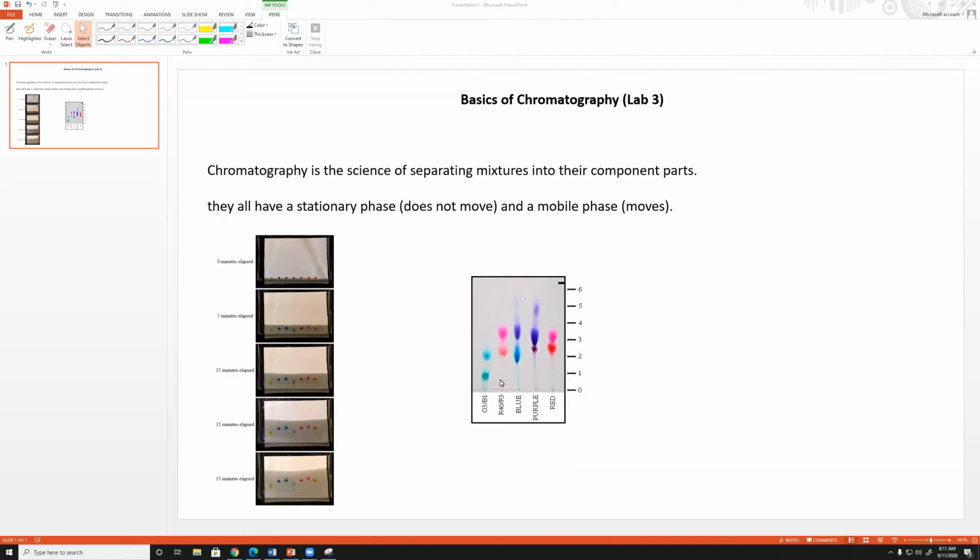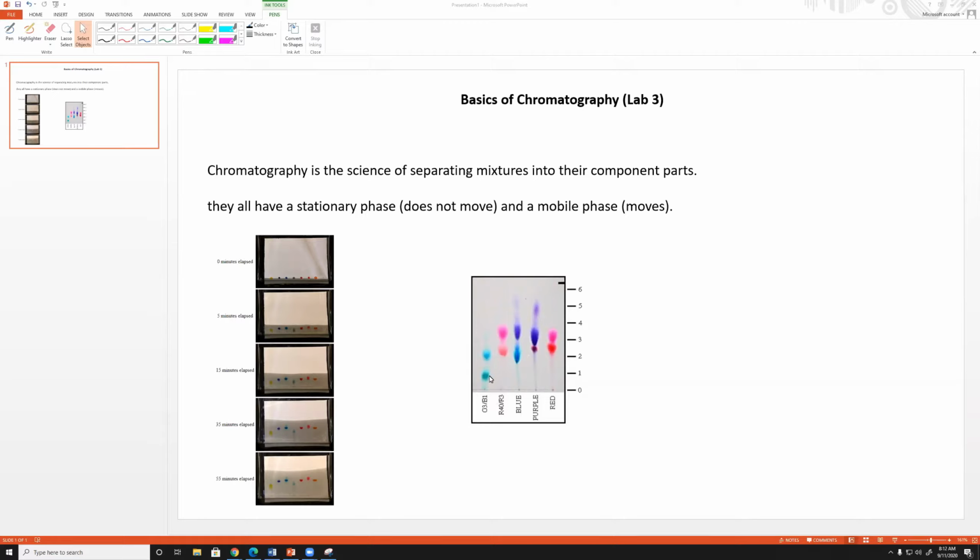On the left side of the plate, there are usually controls. By controls, I mean the compounds themselves that you're looking for are dotted on the chromatography plate. You have G3 and B1, which happen to be two compounds found in food dyes, and the same with R40 and R3.